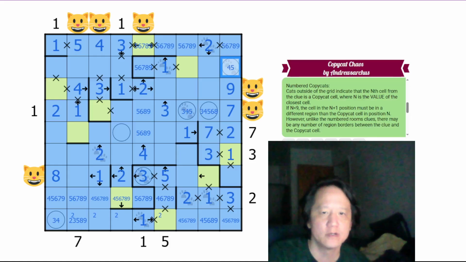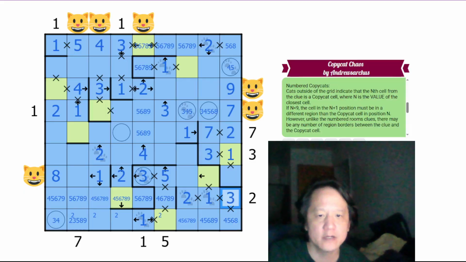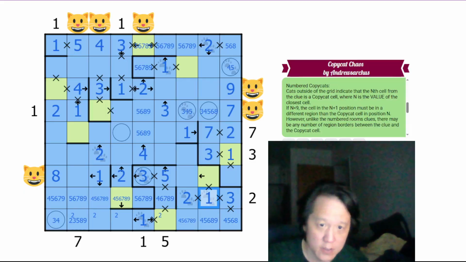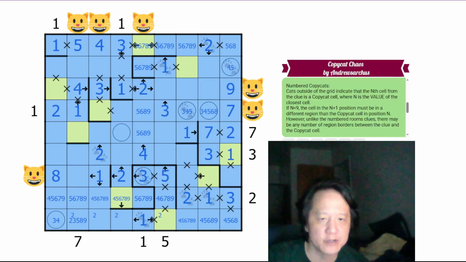No 2 here. No 7, 9 here. No 7, 9 here. So we know this is boundary. What did we want? Oh yeah, no boundary here, no boundary, no boundary.